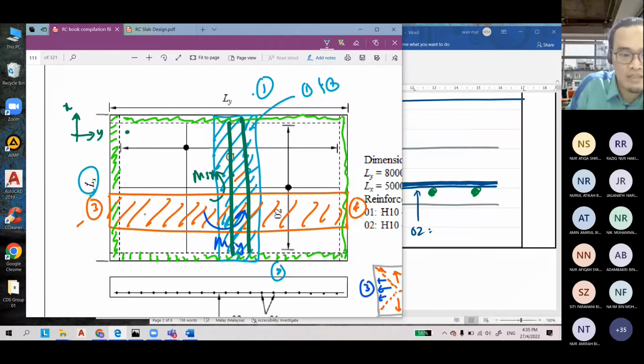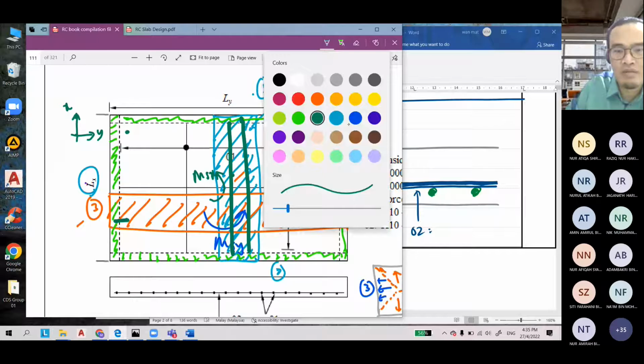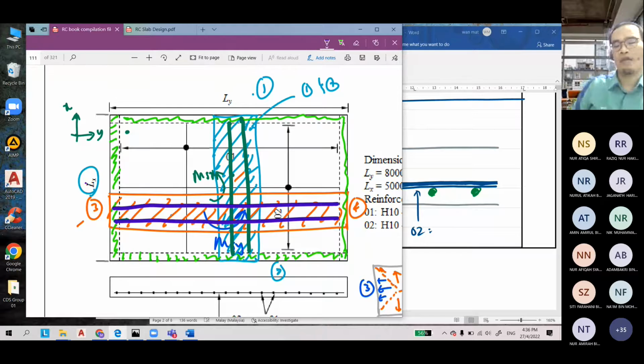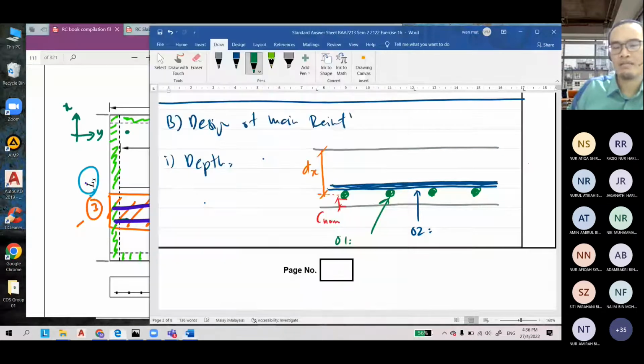The reinforcement will be in a different color. This is the reinforcement for MSY. Since I mentioned before that the most critical is the shorter direction, which is MSX, we put it here because we want extra d.